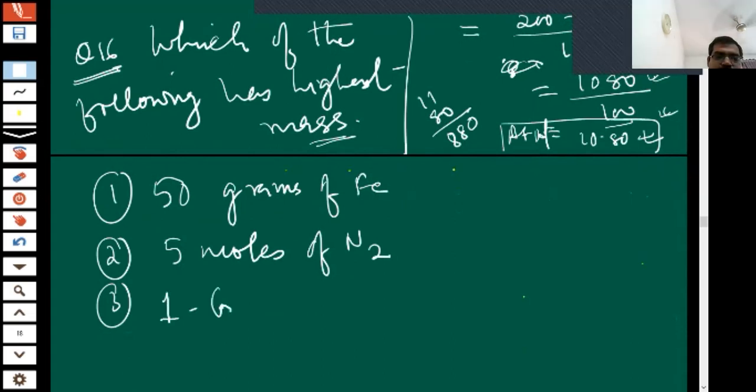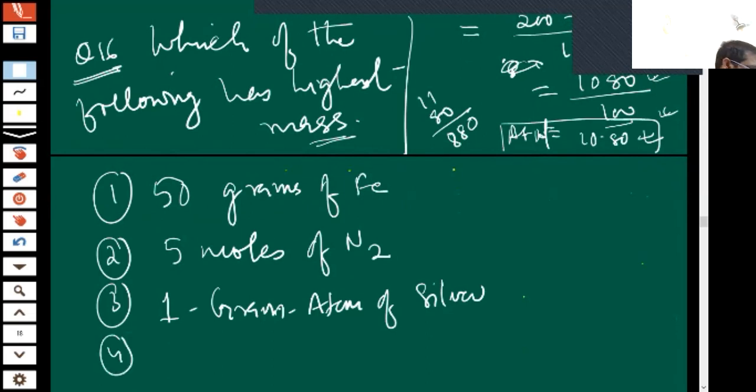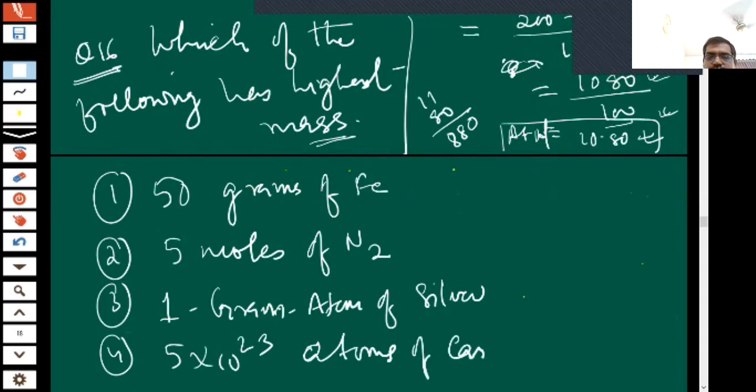And the fourth option is 5 into 10 to the power 23 atoms of carbon. So in these 4 options, children, you have to find out which one has the highest mass.